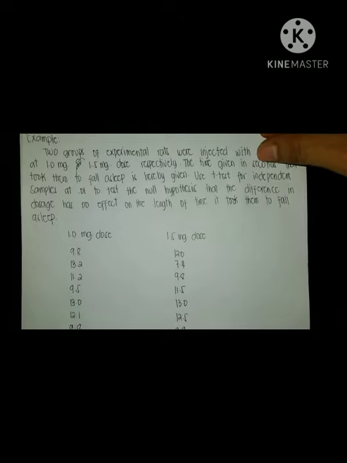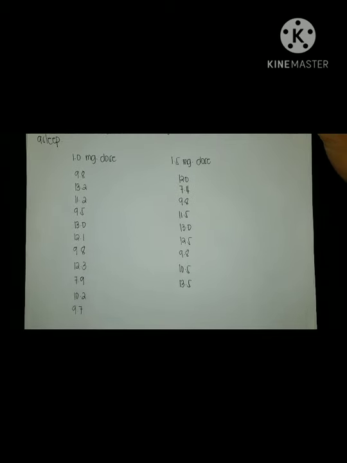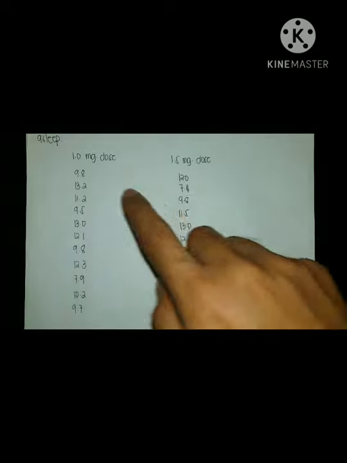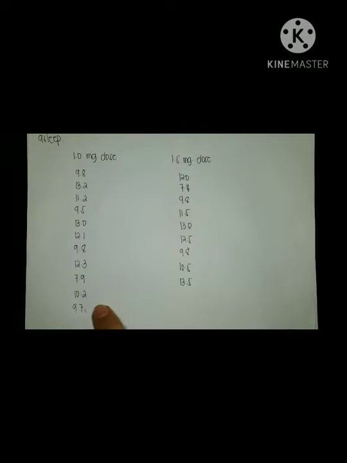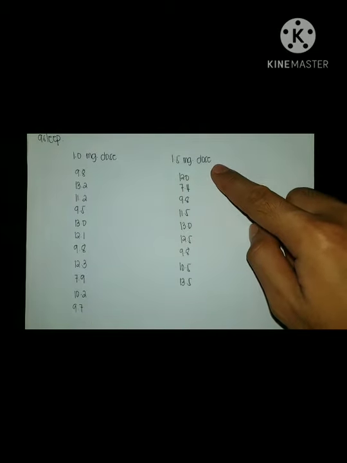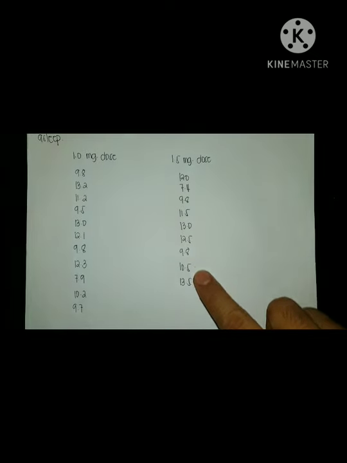So we have here the following data. Under the 1.0 milligram dose, we have the following data, and under the 1.5 milligram dose, we also have the following data.